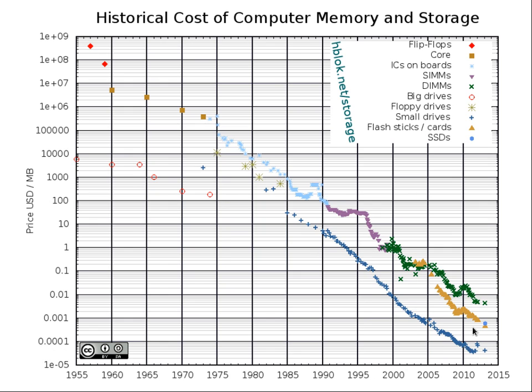So solid state drives are getting pretty cheap. What do we got? Flash sticks. What's the green one? DIMMs. That's the RAM we use right now. Flip flops. I don't even see flip flops up there. Oh, good old floppy drives. There they are. Oh, they disappeared. And then what happened to floppy drives?